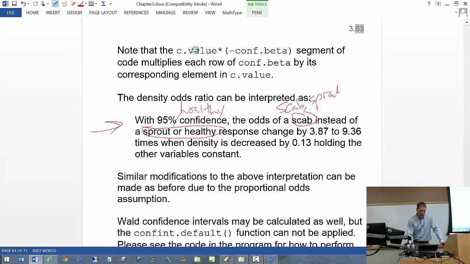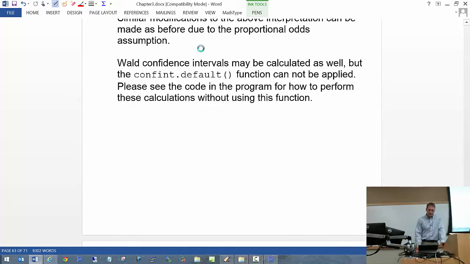Well, what about Wald intervals? Unfortunately, conf.int.default will not work here. If you remember, we used that in Chapter 2 to find Wald confidence intervals for a logistic regression model. So you're actually going to have to go back to the actual equations to figure out what they would be.